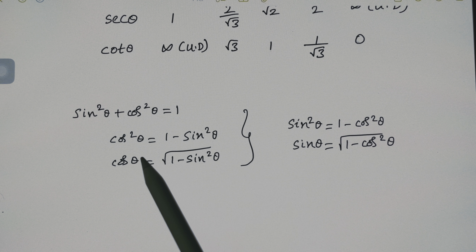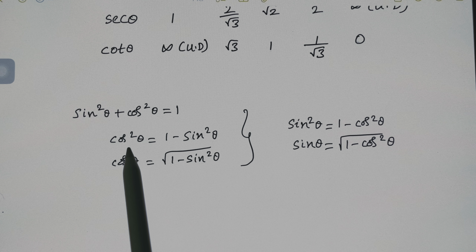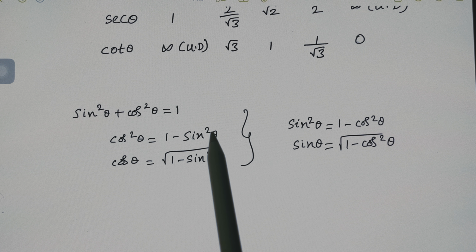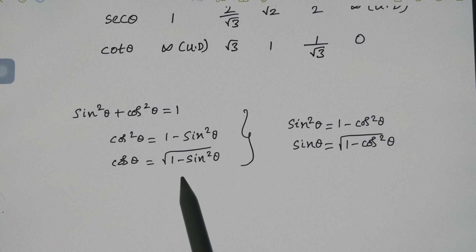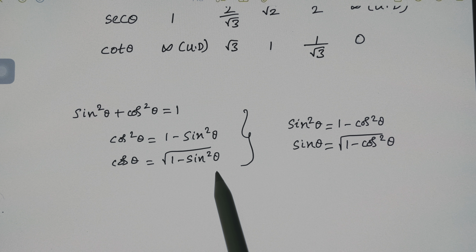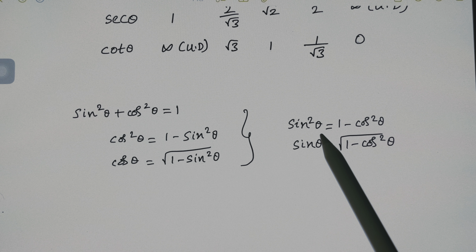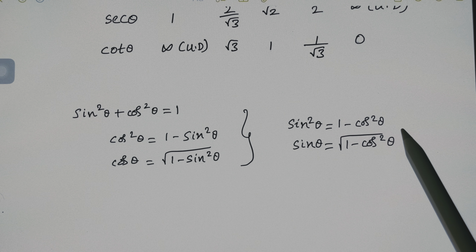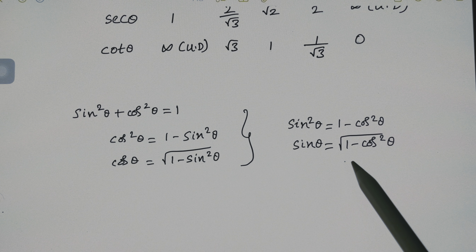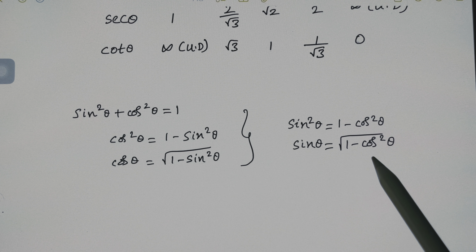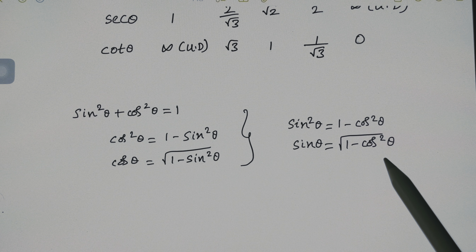So these are the four different formulas. For cos square theta you can substitute 1 minus sin square theta, for cos theta the square root of 1 minus sin square theta, for sin square theta 1 minus cos square theta, and sin theta can be substituted by the square root of 1 minus cos square theta.